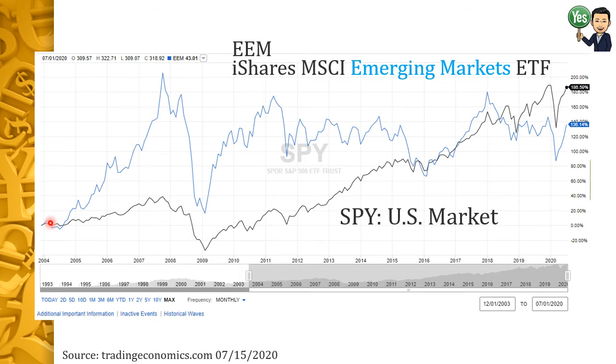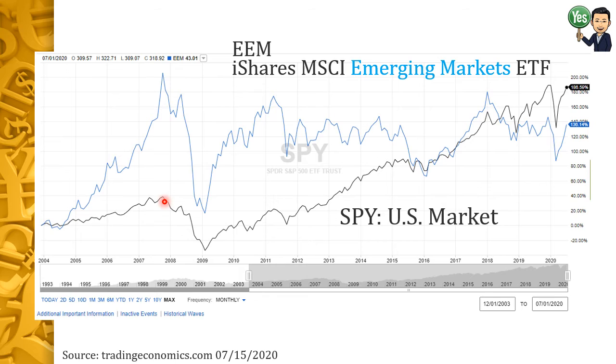As you see in this chart, around 2004 to 2008, even though the US stock market was going up, emerging markets were going even higher. They were making more earnings.